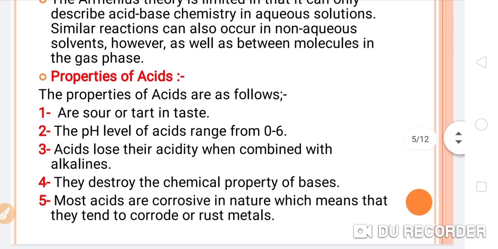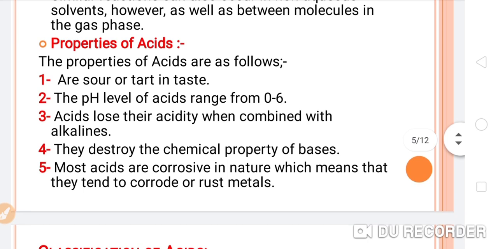Next, let's see the properties of acids. The properties of acids are as follows. First, acids are sour or tart in taste, as we have learned in previous classes. Next, the pH level of acids ranges from 0 to 6.